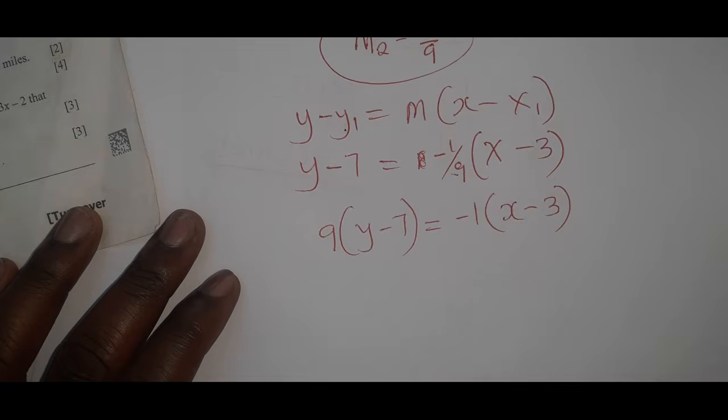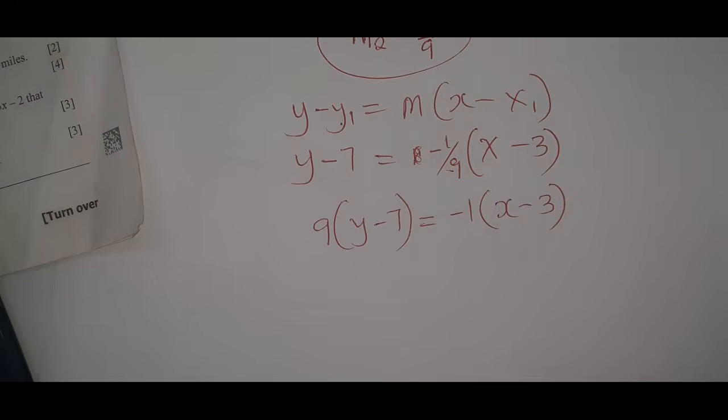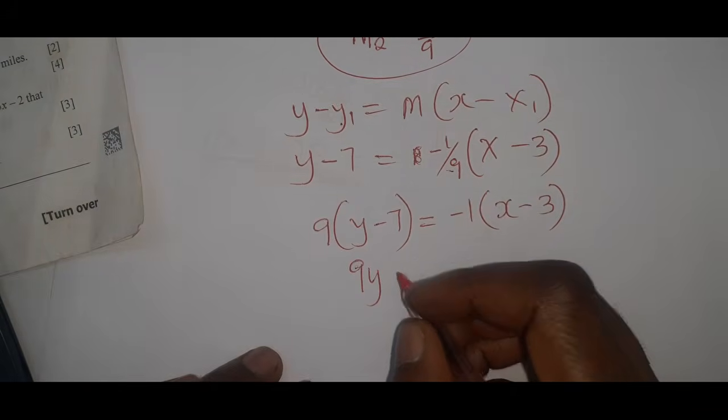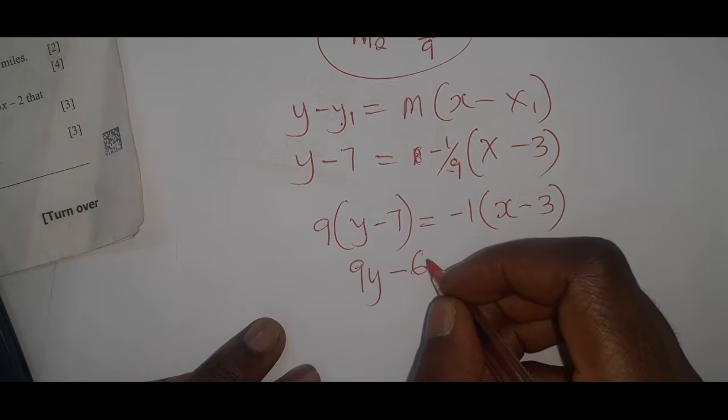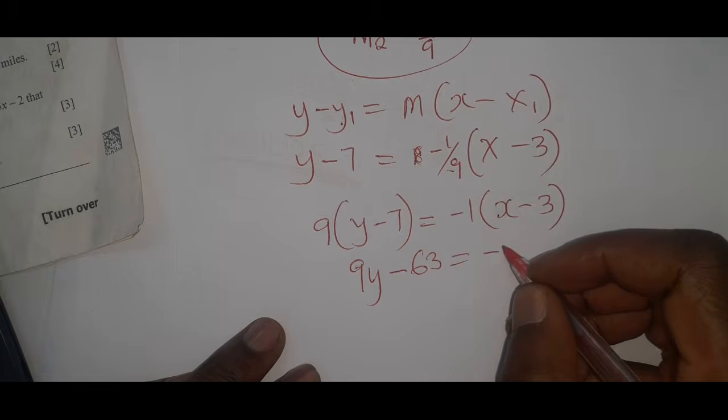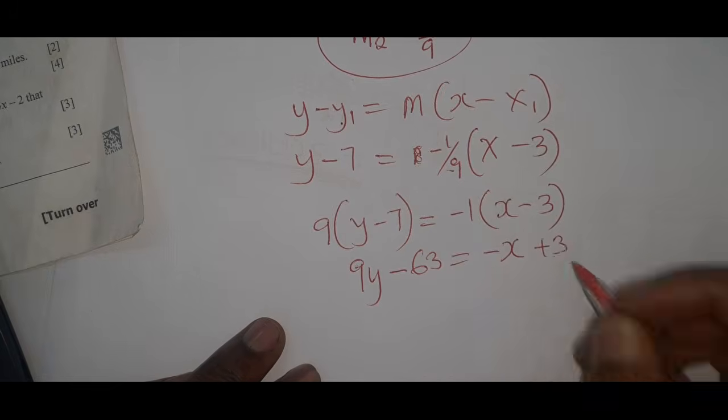Okay, that's what we're going to have, isn't it? So we say 9y minus 63 is equal to minus x plus 3.